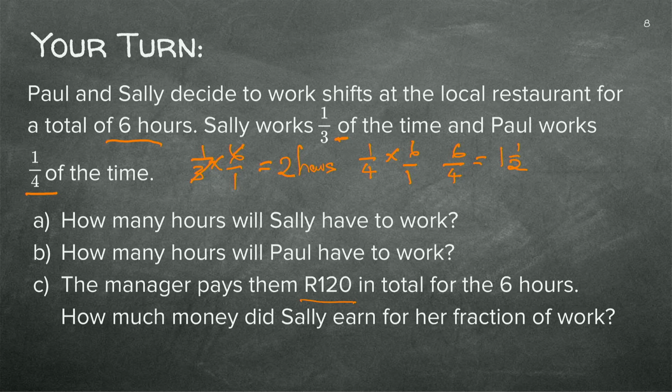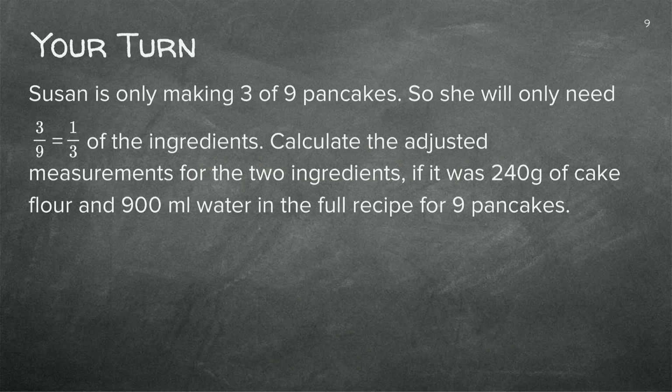So the manager pays them 120 Rand in total for the 6 hours. How much money do you think Sally earned? So Sally will then earn a third of 120 Rand, and Sally will then earn 40 Rand. Okay, cool. So now your turn.